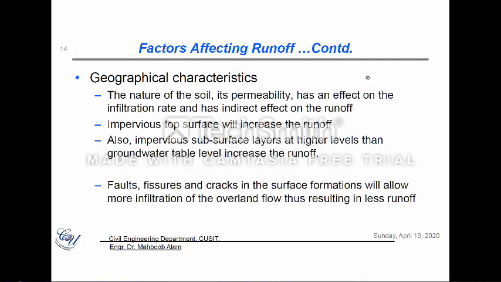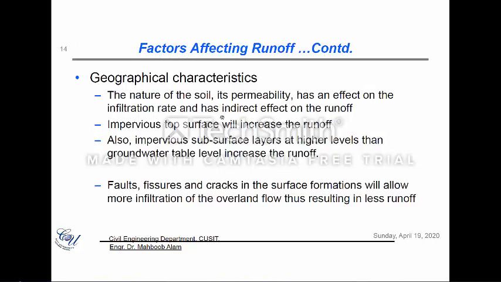Another factor that would affect the runoff are the geographical characteristics. It's understandable that if the surface is impervious, if the water that is falling from precipitation is not going into the ground surface, then it would directly convert to surface runoff, so we would be having higher discharge.